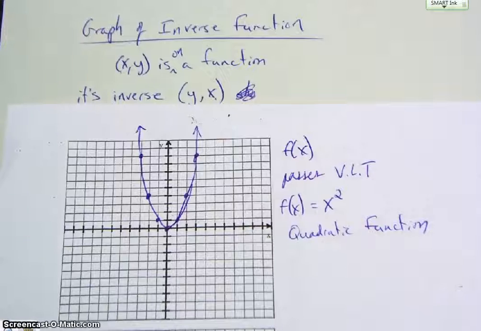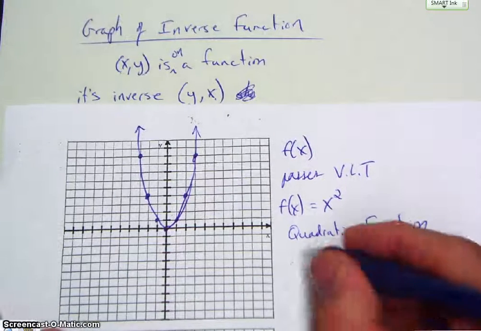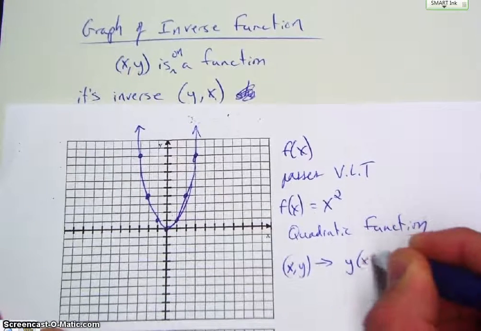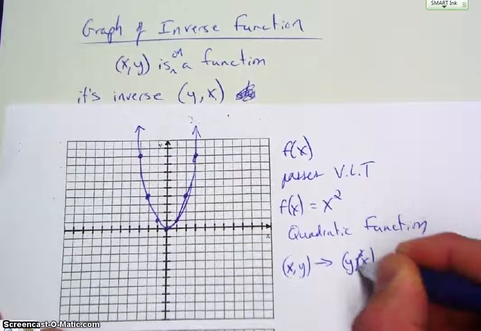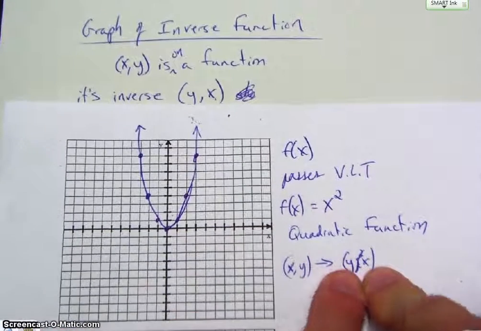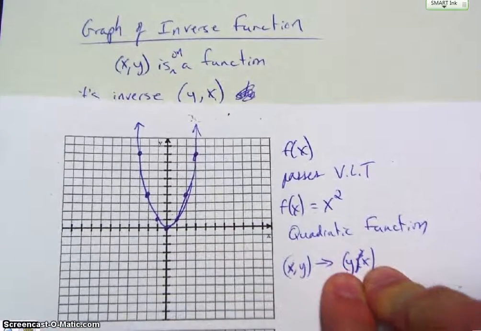Now, by definition, we said that if I take every point x, y and I flip it, y, x, so if I switch the point, this point should be on the inverse.